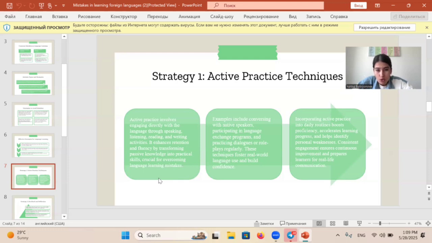These techniques foster real world language use and build confidence. Incorporating active practice into daily routines boosts proficiency, accelerates learning progress, and helps identify personal weaknesses. Consistent engagement ensures continuous improvement and prepares learners for real life communication.